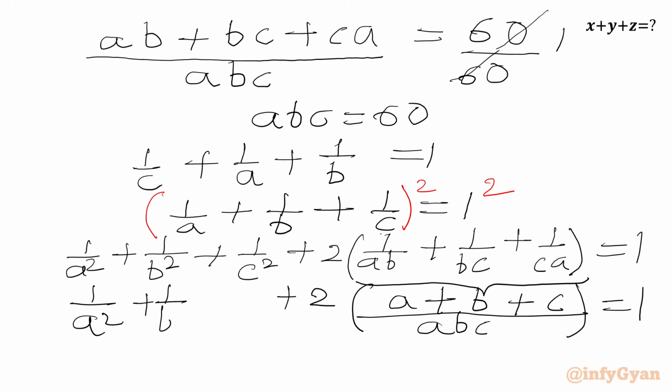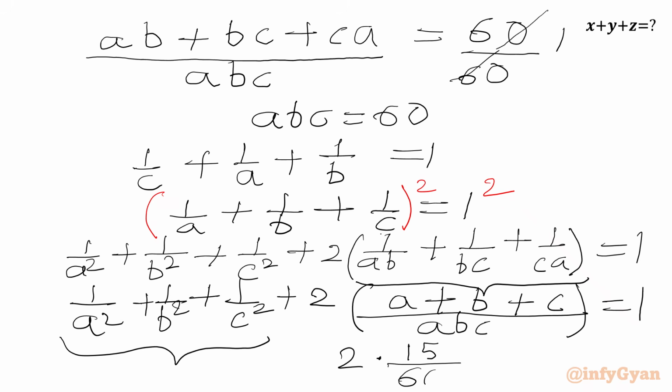We will plug in both the values and find out this expression value. So I can write here 2 times A plus B plus C is 15, denominator ABC is 60. So this is 30 over 60, which we can write as half.